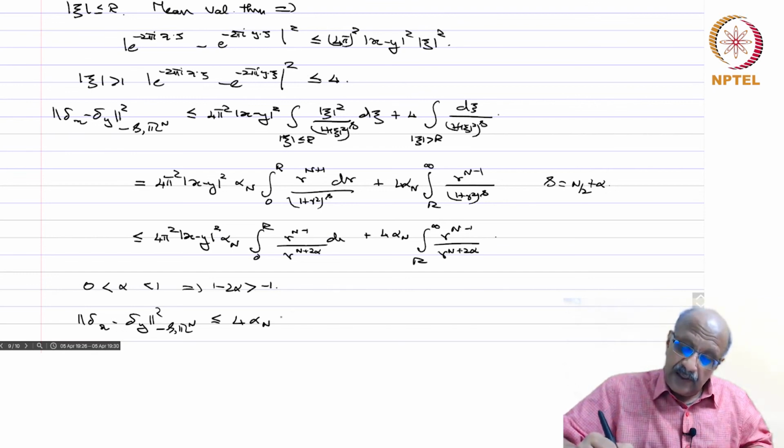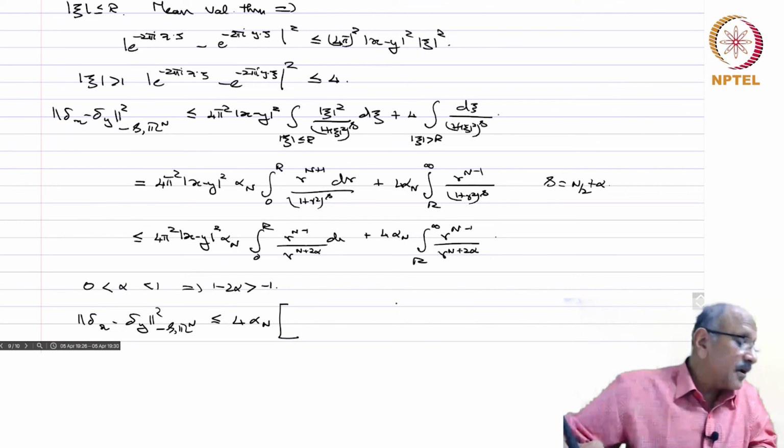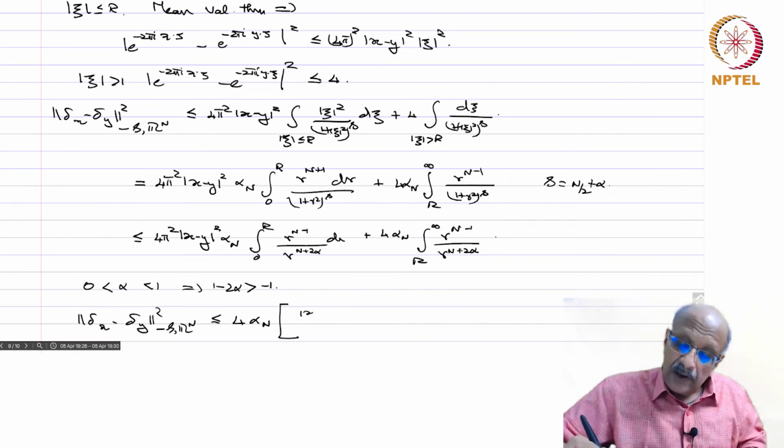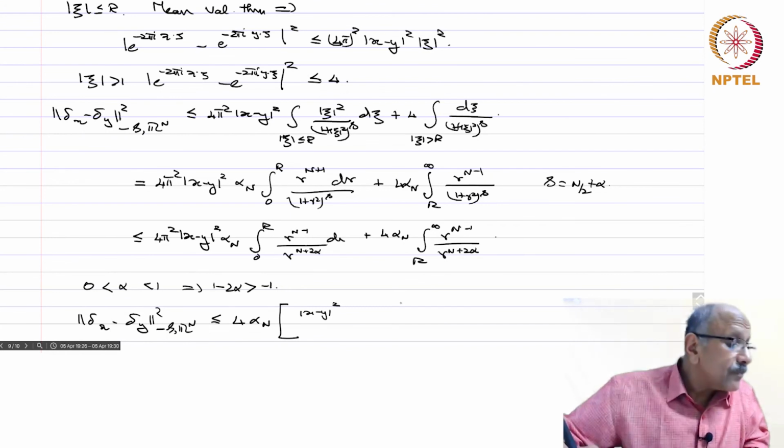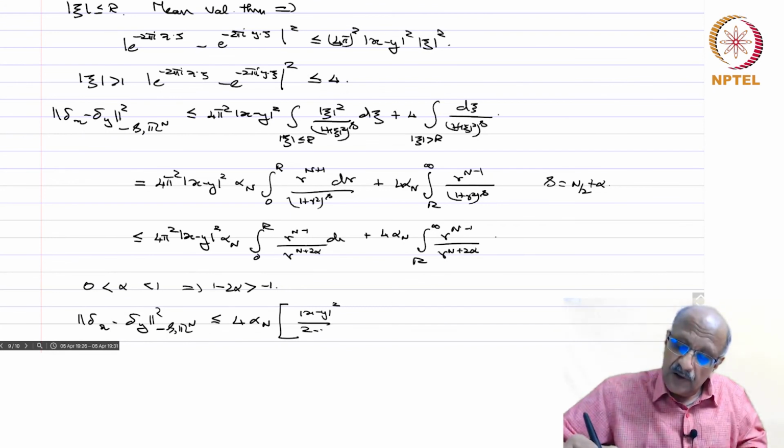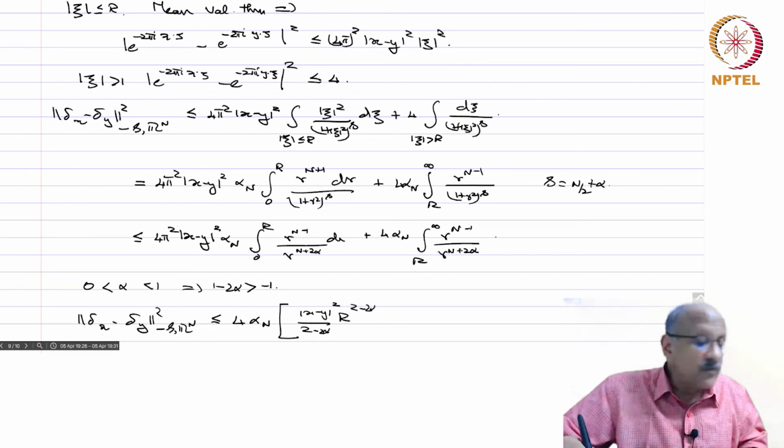4 alpha n, I will take it out as a common factor. So you get pi squared mod x minus y squared by 2 minus 2 alpha into r to the power of 2 minus 2 alpha, plus 1 by 2 alpha r to the power minus 2 alpha.